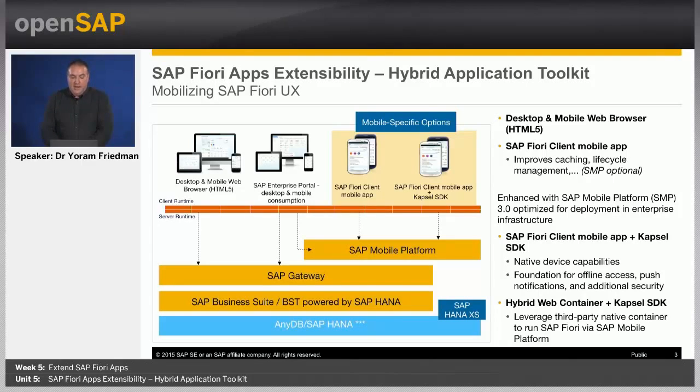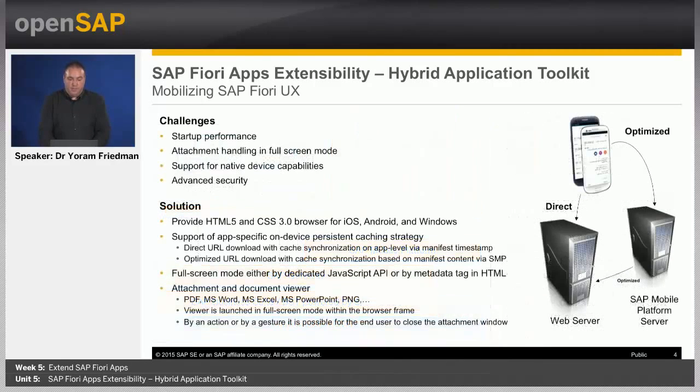One of them is called the SAP Fiori Client application that enables me to improve the performance of Fiori on a mobile device and get some extra features. We have another offering, which is a combination of the Fiori client with additional APIs, and that enables me to actually enhance the functionality of a Fiori application running on a mobile device. I will try to explain those different offerings in the next few slides.